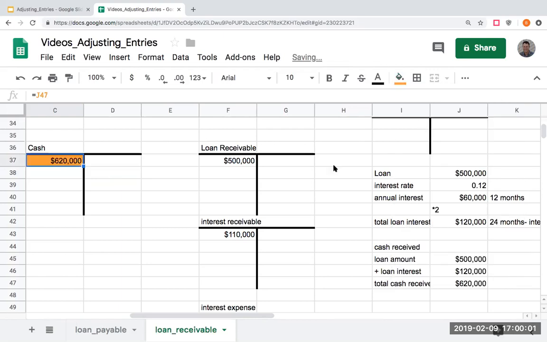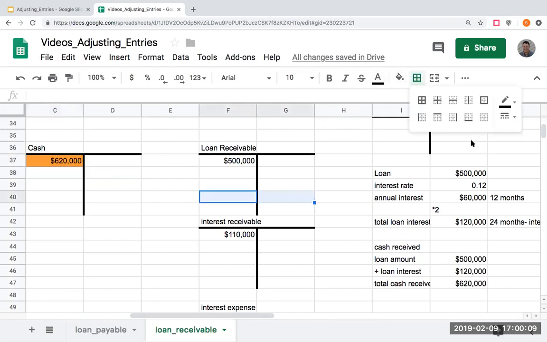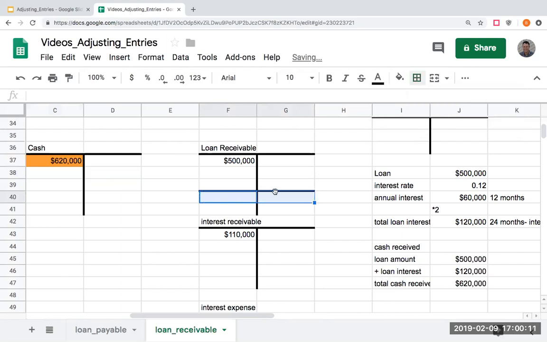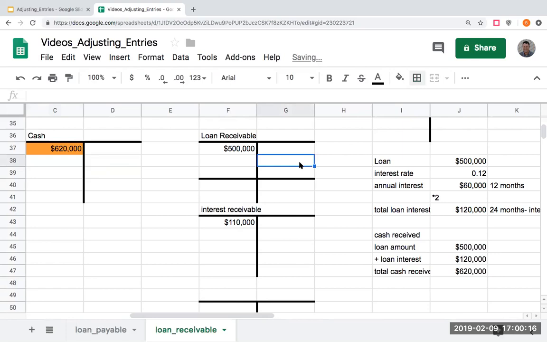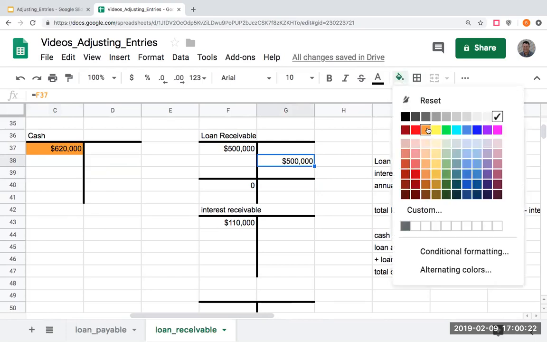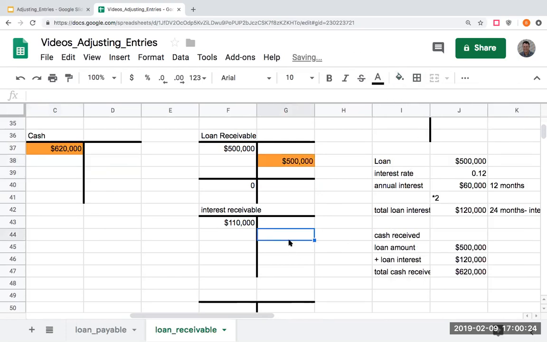Okay, so this customer is now paying me back. And when the customer is paying me back, for every debit, I need credits. If the customer's paying me back, do I still have any type of loan receivable left? The answer is no, because they're paying back this loan. So over here, I'm doing this credit for $500,000.